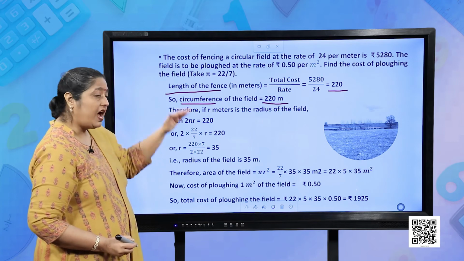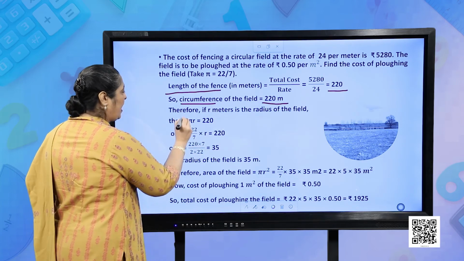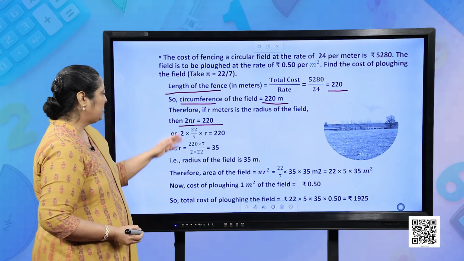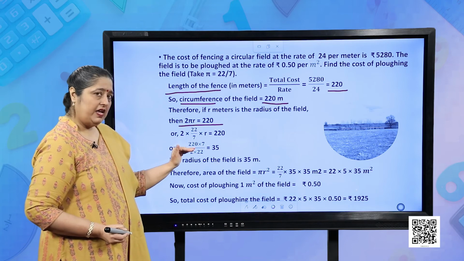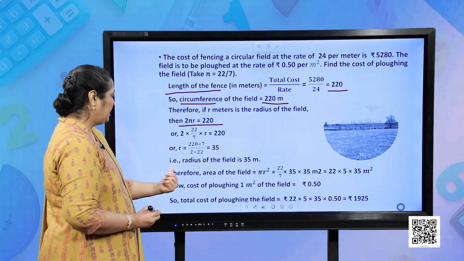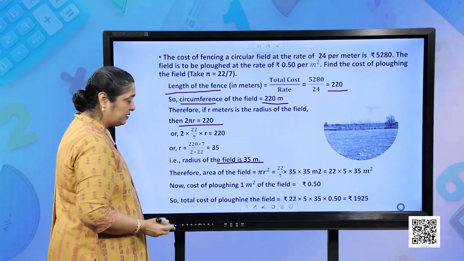Therefore, if r meters is the radius of that field, then 2 pi r is equal to 220. Substituting the value of pi, we can find the value of r as 35. So, the radius of the field is 35 meters.